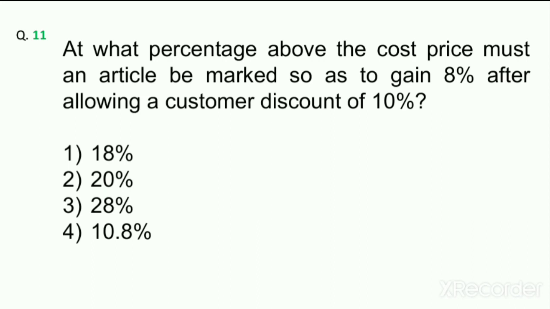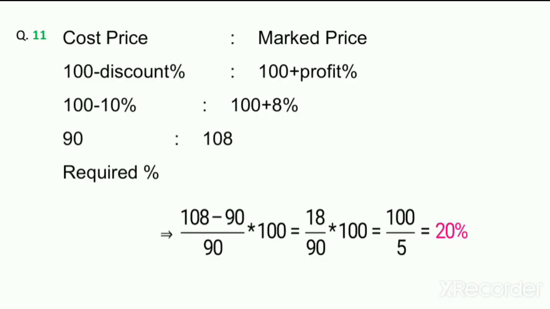The next question, at what percentage above the cost price must an article be marked so as to gain 8% after allowing a customer discount of 10%? So here the cost price and marked price, two measurements. Cost price means 100 minus discount percentage, marked price means 100 plus profit percentage. Here 10% discount means 100 minus 10, means 90.